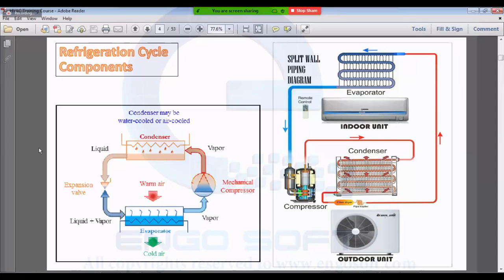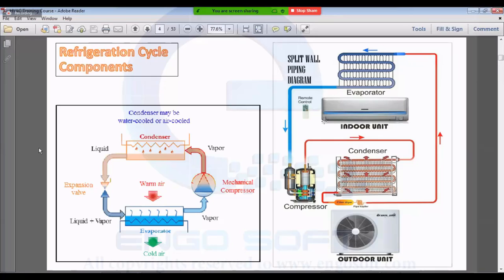So we have to clear our mind to understand that the air conditioner moves the heat from the cold space, which is inside the home, to the hot outside, right? Yes. So let's speak in a more scientific way.